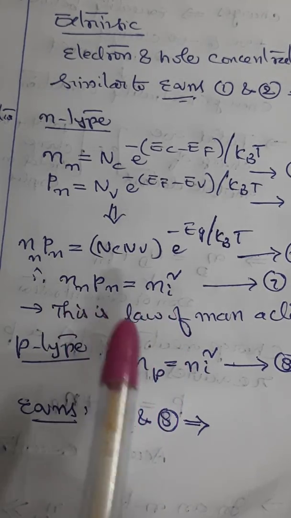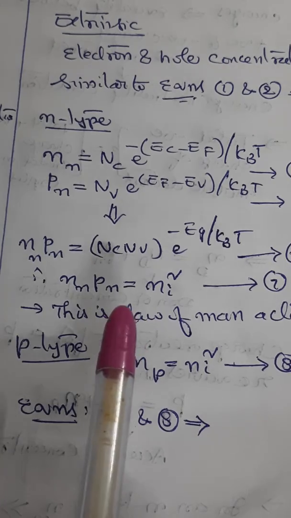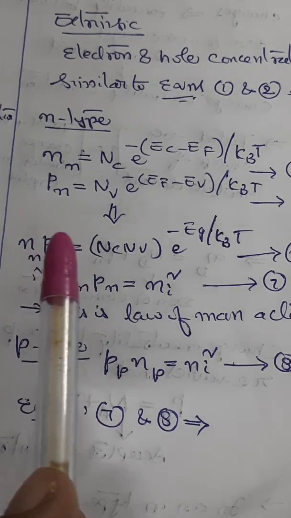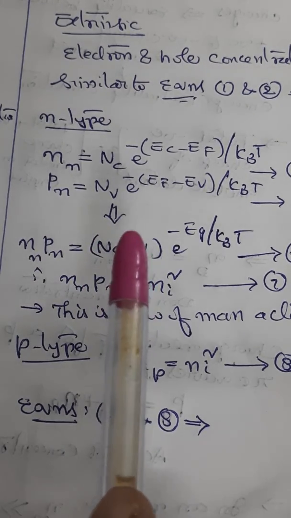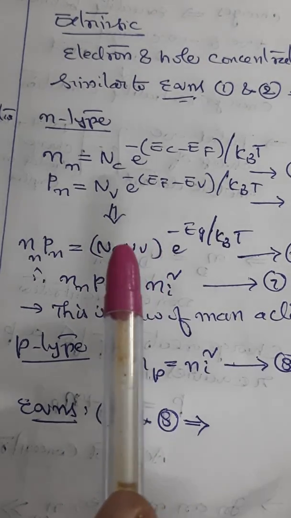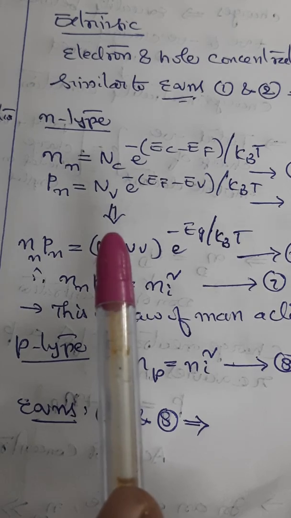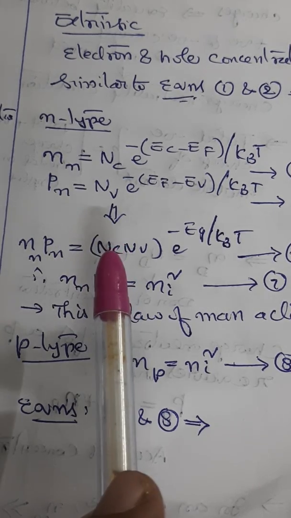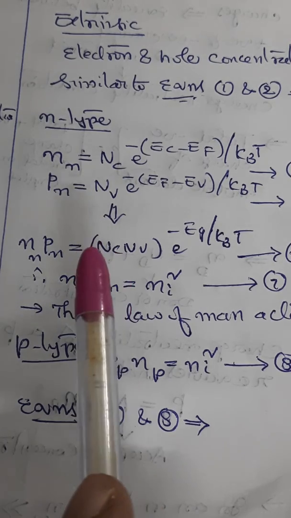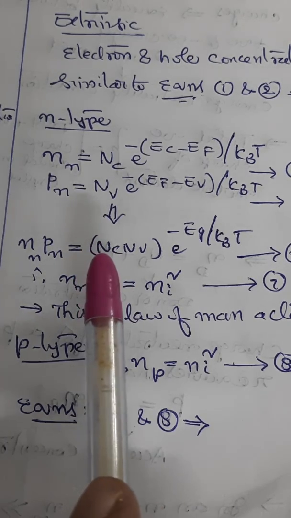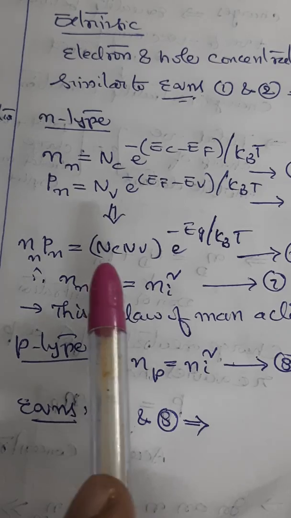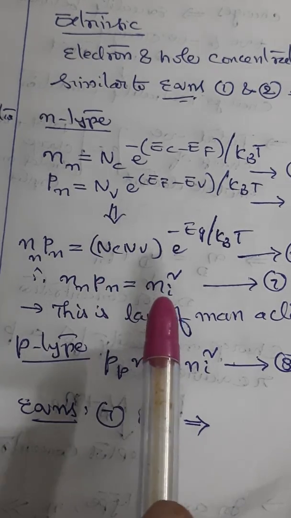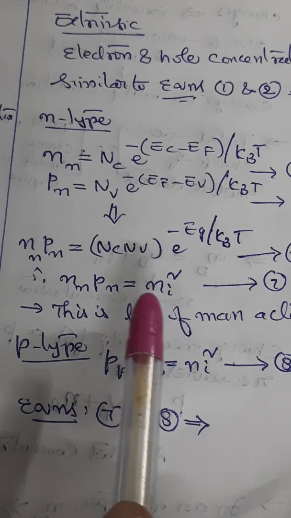That we know now. The same thing I am putting in a separate statement, that this law of mass action suggests that the addition of impurities to an intrinsic semiconductor increases the concentration of one type of carrier, which consequently becomes the majority carrier, and simultaneously decreases the concentration of the other carrier, which as a result becomes the minority carrier.